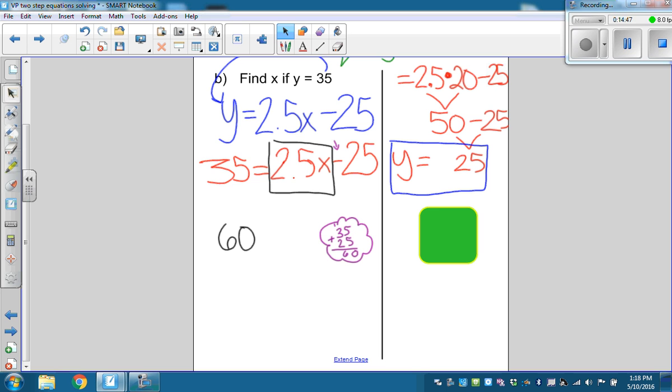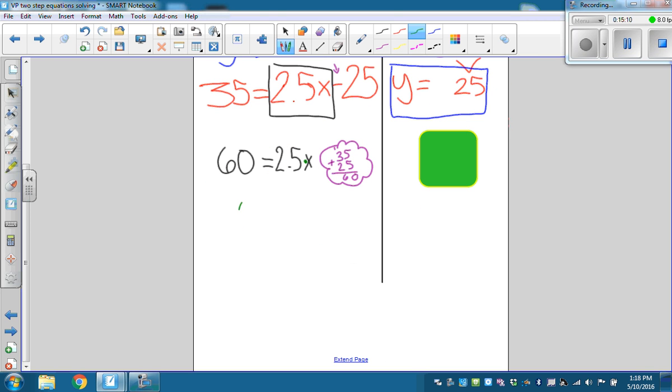So that's the next problem that I have to think of. This is a harder problem. So since the operation here is multiply, I'm going to do the opposite, and I'm going to divide. So I'm going to do 60 divided by 2.5.